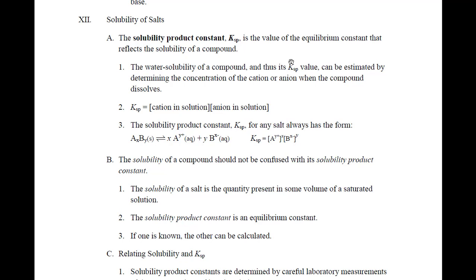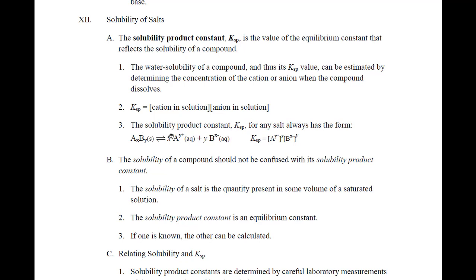So what we can do is write an equation that expresses the solid salt dissociating into solution, and in order to measure this, you must have a saturated solution. You're going to have some fixed amount of water, and you put the salt into the water and ensure that you have solid residue on the bottom of the container, so that the solution above is saturated with the ions of that salt.